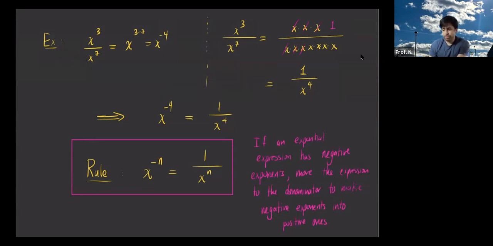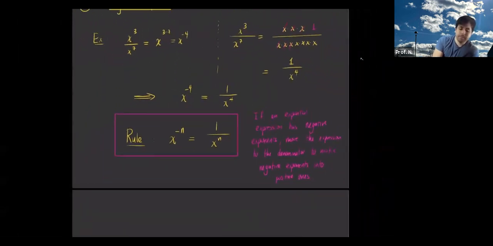That's the rule. So if I have an x to the negative 100, for example, I will make it positive by putting 1 over x to the positive 100.